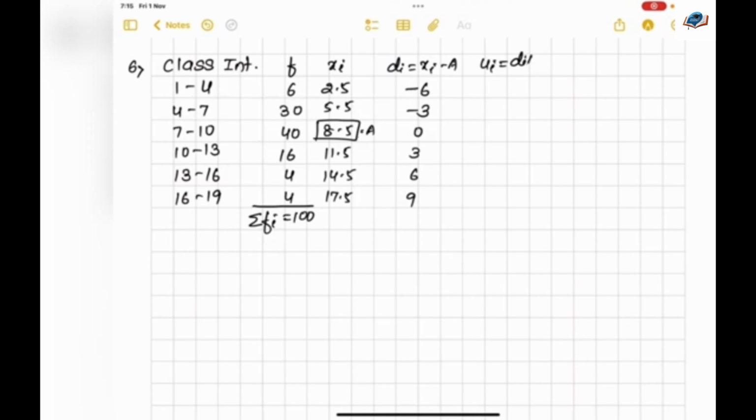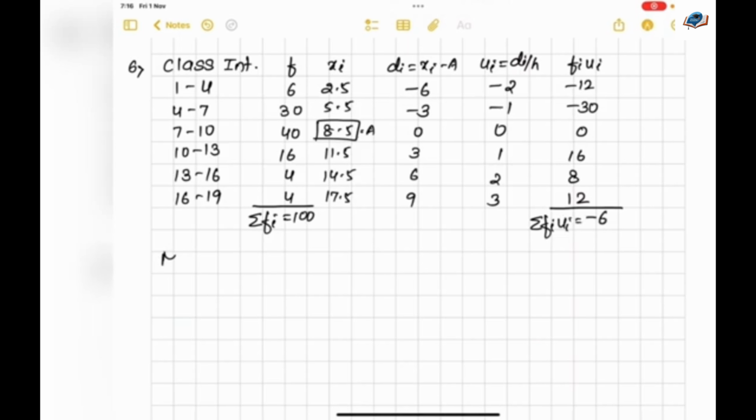So ui will be equal to di by h, so minus 6 by 3. It will be minus 2, minus 1, 0, 1, 2 and 3. So fiui will be 6 into minus 2, minus 12, minus 30, 0, 16, 8 and 12. So sigma fiui is coming as minus 6.